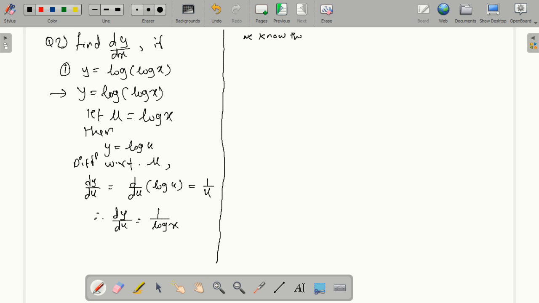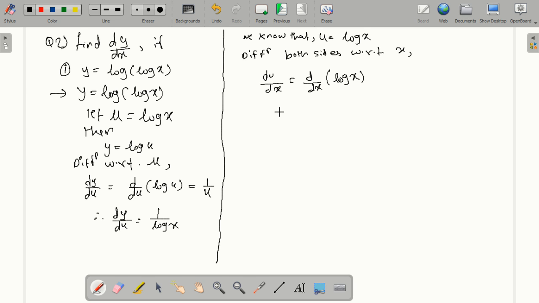We know that u is equal to log x, differentiating both sides with respect to x, we get du by dx is equal to d by dx of log x, and we know that the derivative of log x is 1 upon x, right, with respect to x. So this is going to be 1 upon x.